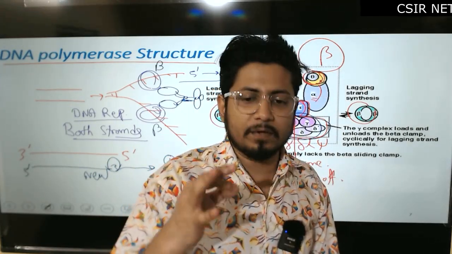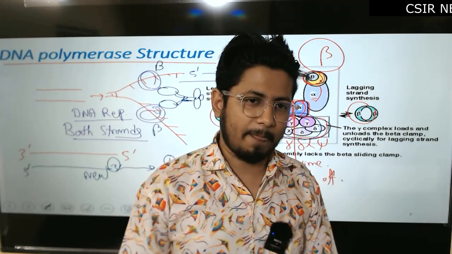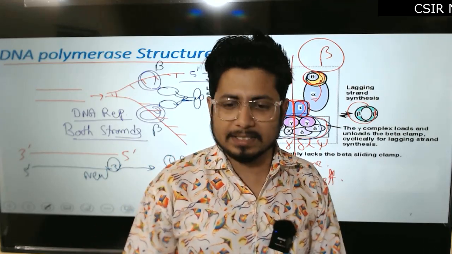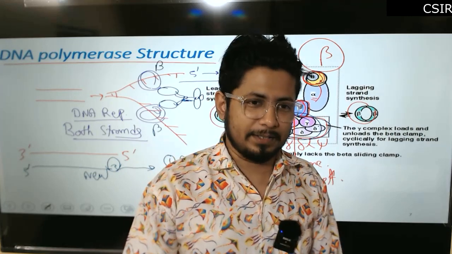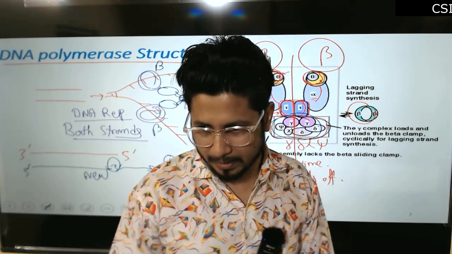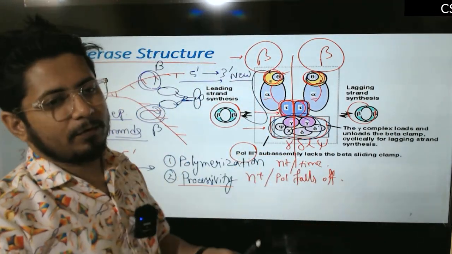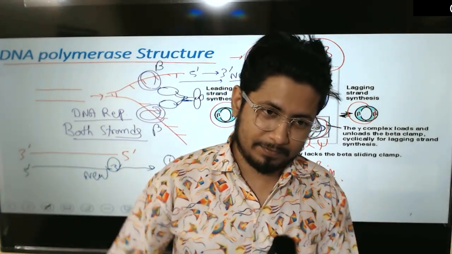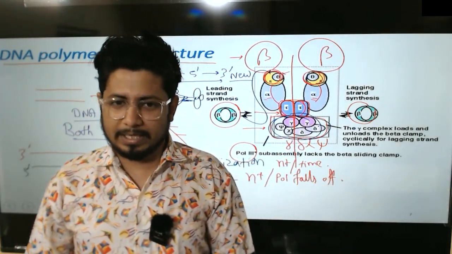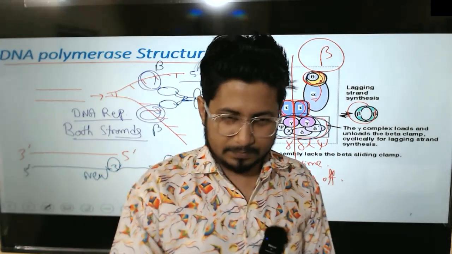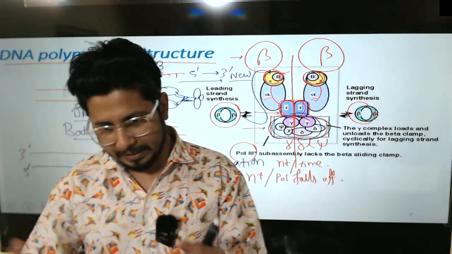The processivity of DNA polymerase 3 is maximum. That's why DNA polymerase 3 is used as the primary polymerase for DNA replication in prokaryotes. That is maximum for delta in case of eukaryotes. So delta and epsilon are used for leading and lagging strand.